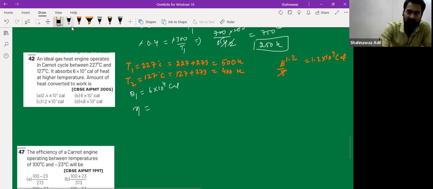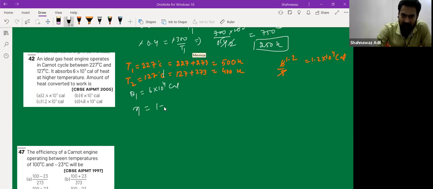I did the other one. You did the other one, meaning? I calculated first the efficiency, then I put it in the formula, efficiency equals W by Q1. Yes. 2.4 into 10 to the power 24, right?